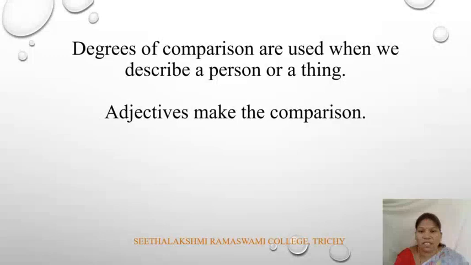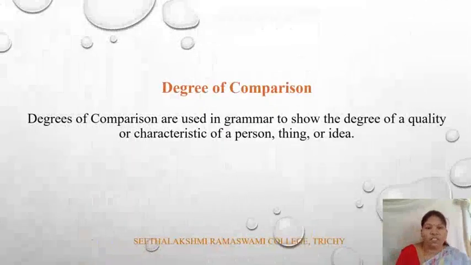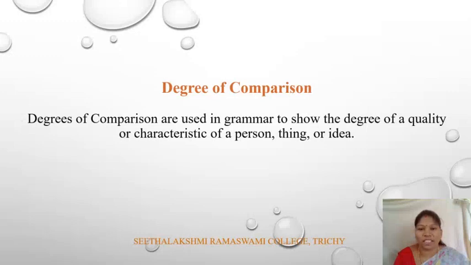Degrees of comparison are used when we describe a person or a thing. Adjectives make the comparison. What are degrees of comparison? Degrees of comparison are used in grammar to show the degree of a quality or characteristic of a person, thing, or idea.